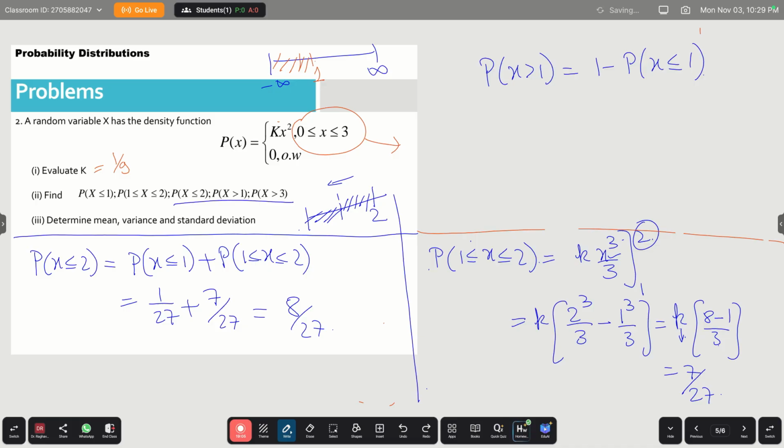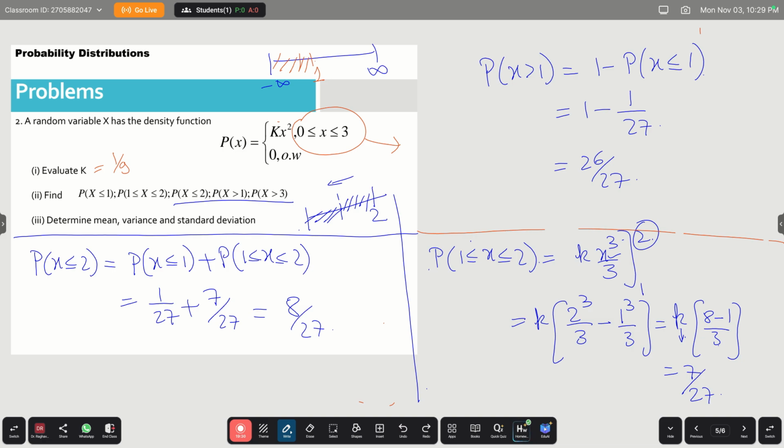So x less than or equal to 1 and x greater than 1 are complements of each other. All the values that are not less than or equal to 1 are greater than 1. So 1 minus the probability of x less than or equal to 1, which you have already calculated as 1 by 27. When you subtract this from 1, you will get 26 by 27.